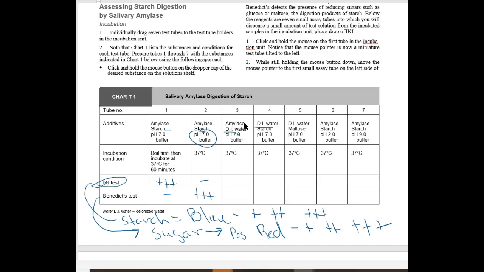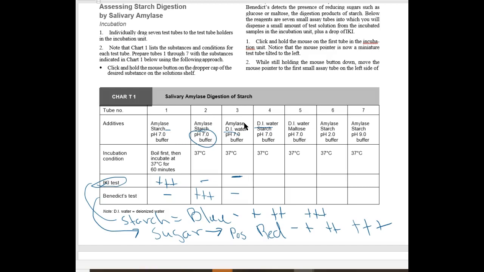Okay, so this tube right here, amylase, water, pH of 7. So you have enzyme, but you have no substrate. Because we didn't even add any starch, there isn't any starch left over. And because there wasn't any starch to begin with, there's no sugar because the sugar comes from the starch.